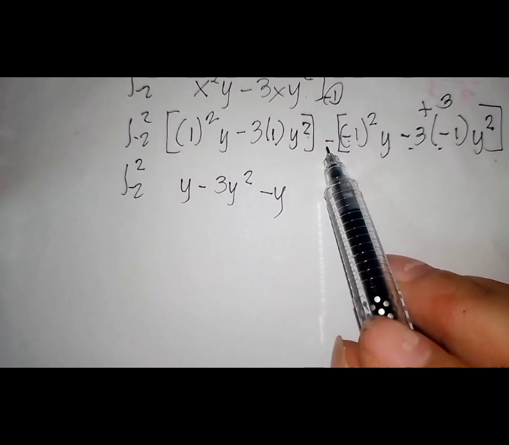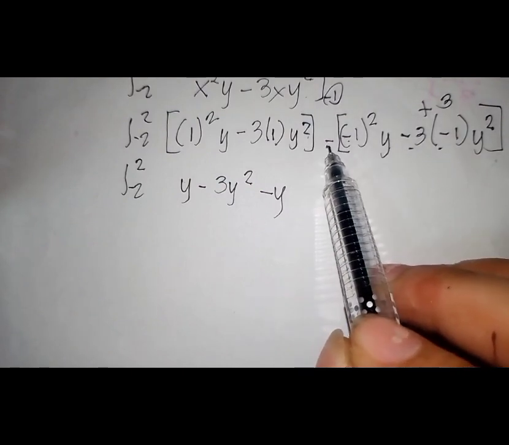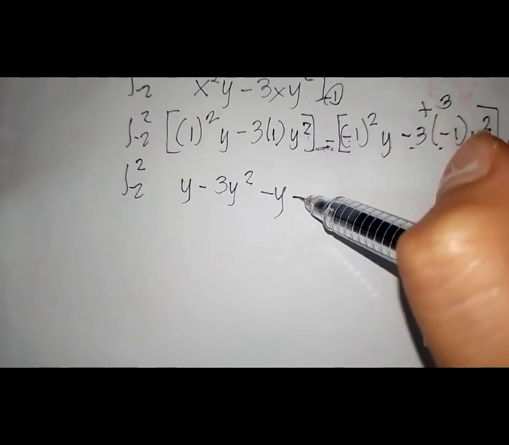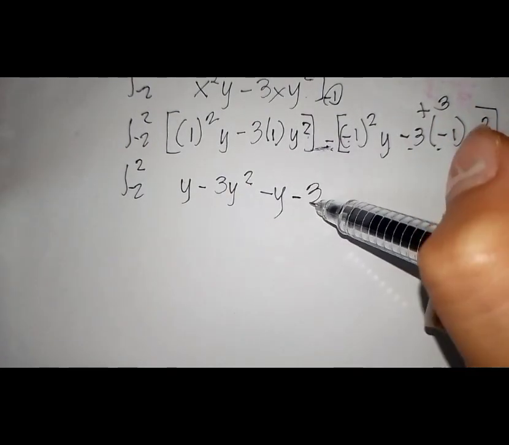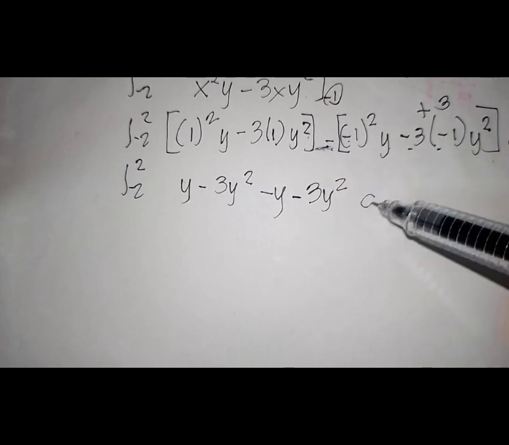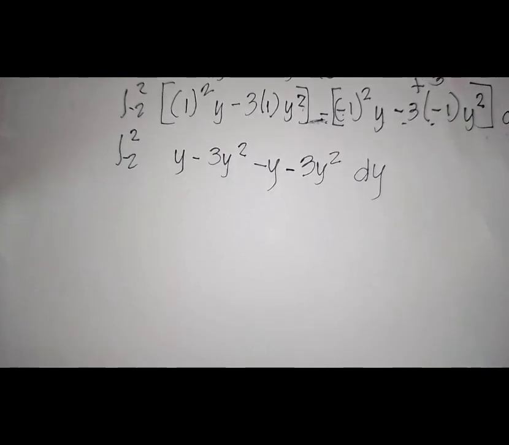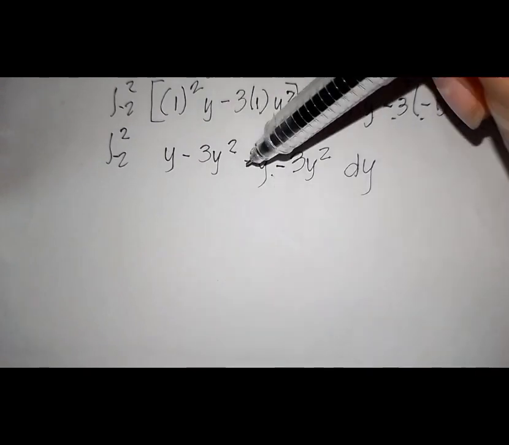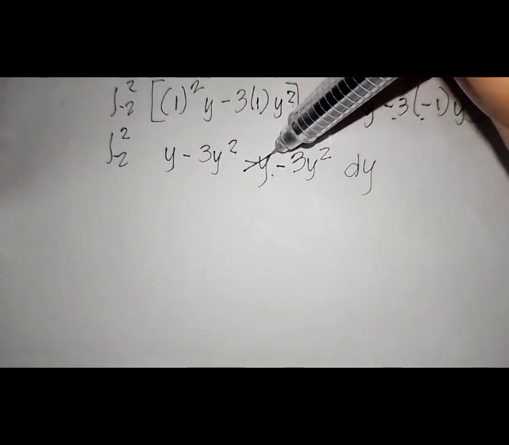Since the sign in the middle is negative, we put negative 3y squared dy. So y minus y will cancel out.